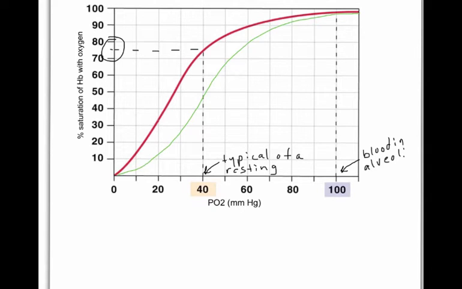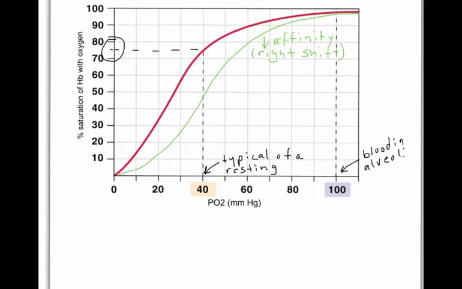So this green curve is decreased affinity. And that means the shape of hemoglobin actually changes, because remember, hemoglobin's a protein, and it changes in such a way that it doesn't bind oxygen as tightly.